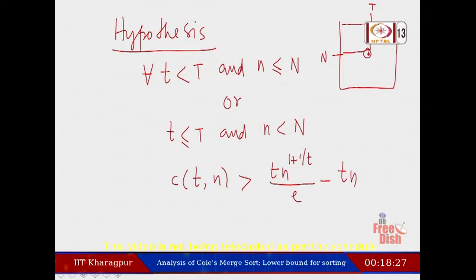That is, we consider the rectangle of size N by T, then here all nodes except the bottom right node satisfy the hypothesis, is what we have assumed.